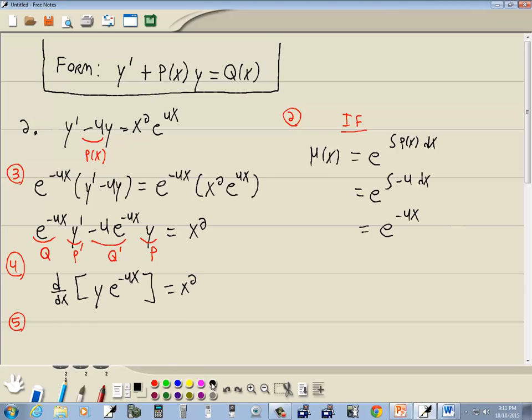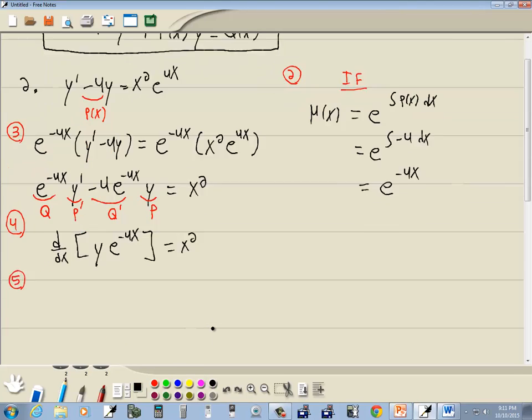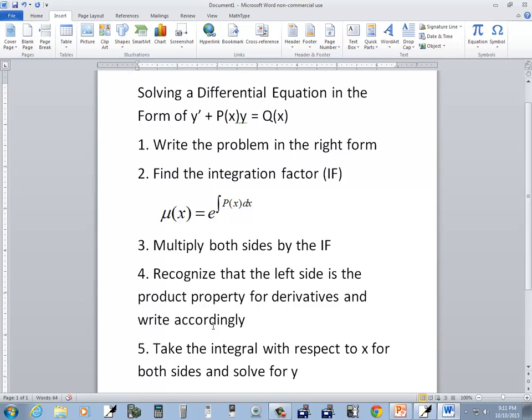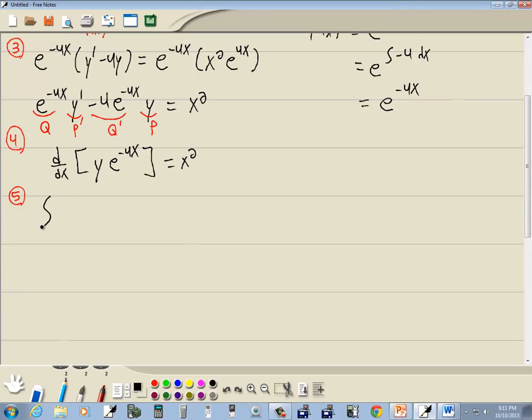In step 5, we want to take the integral with respect to x for both sides and solve for y. So we'll take the integral of this derivative and we'll take the integral of this side. Well, over here they're going to cancel away, and that gives us y e to the negative 4x. And over on this side, remember when you have x to a power, you add 1 to your power divided by the new power.